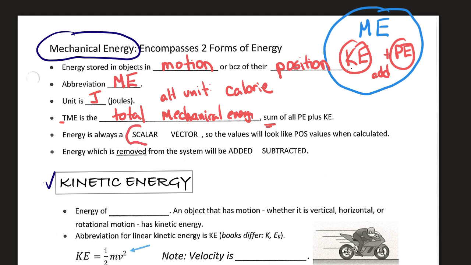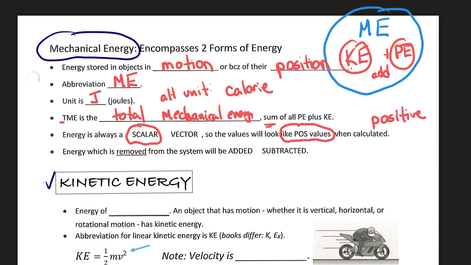Energy is a scalar. So the only time we will be talking about positive and negative energy is if we are gaining it or losing it. So if energy is present, it will always be positive, right? It's a positive value.